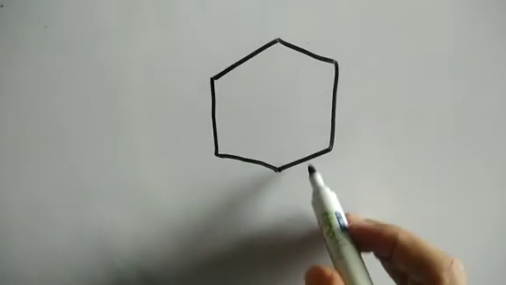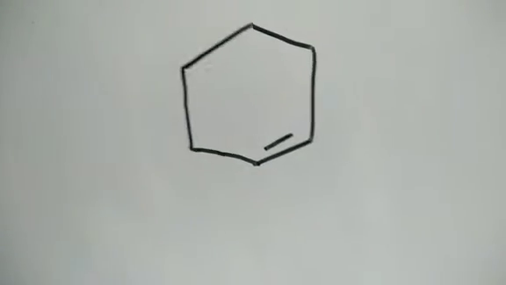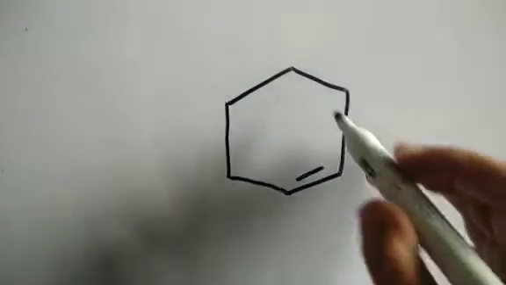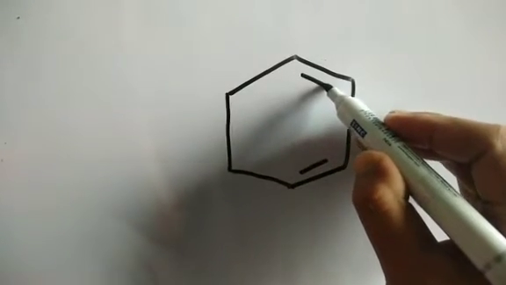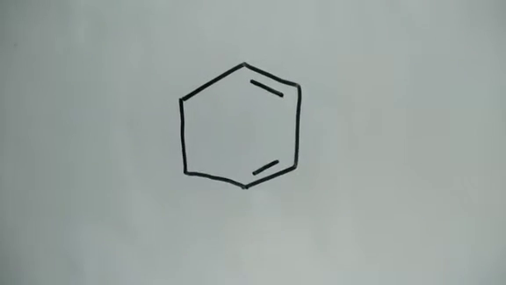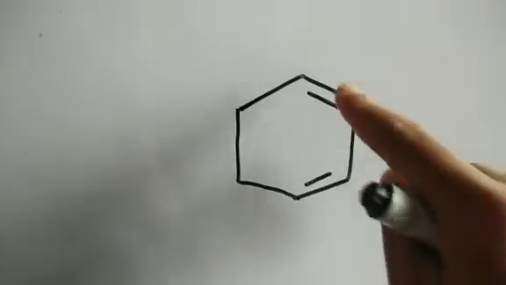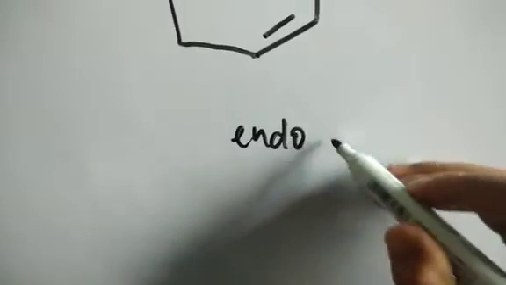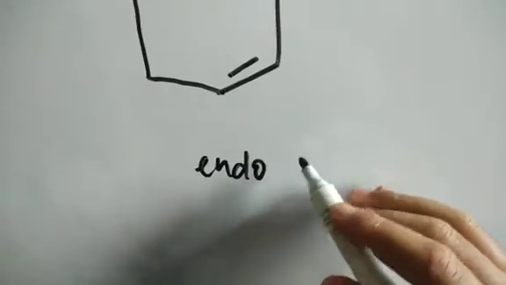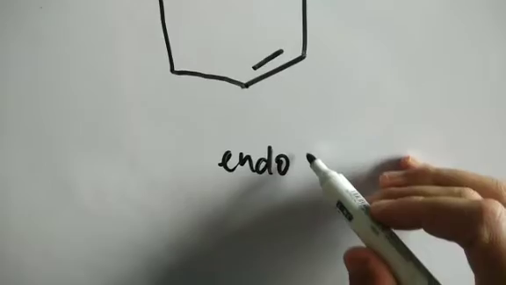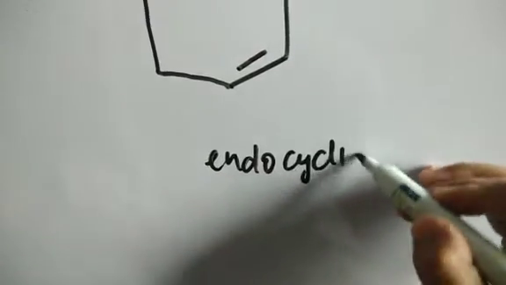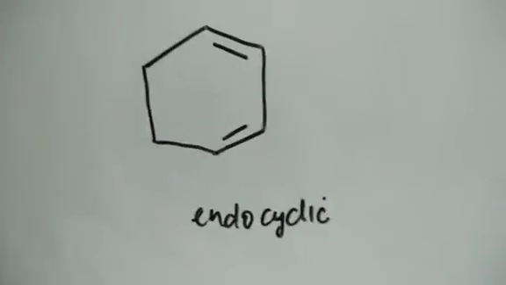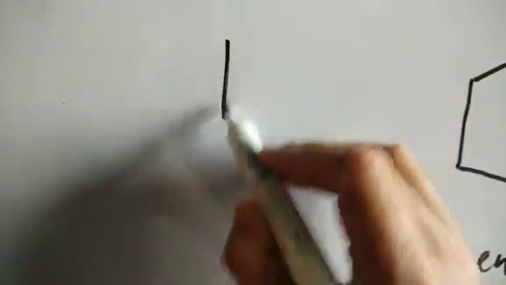Now if we have a bond like this, ये दोनों bonds inside the ring हैं, so we call them endocyclic double bonds. Fine. Endocyclic, inside the ring. The situation can be like this also. Let's draw one more structure.